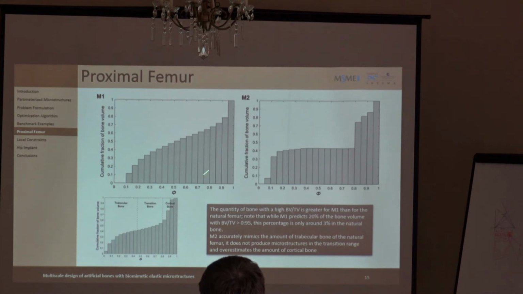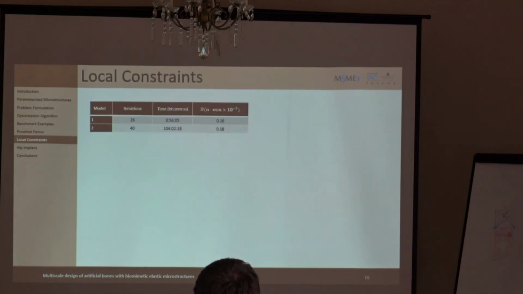But this model overestimates the amount of microstructures with a high volume fraction. And in model 2, we don't have microstructures in the transition because we only have two domains, the trabecular bone and the cortical bone. So this derives in a good approximation of the trabecular bone, but an overestimation of the cortical bone.